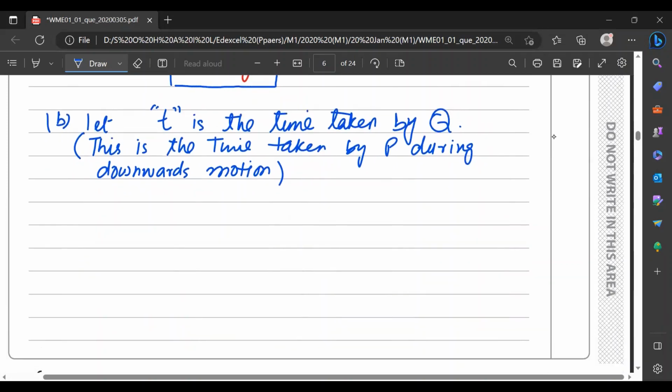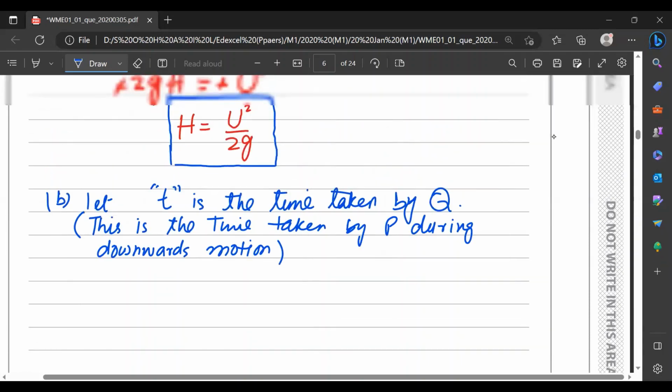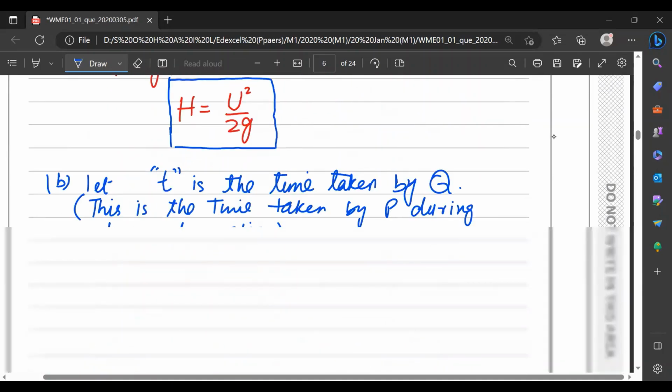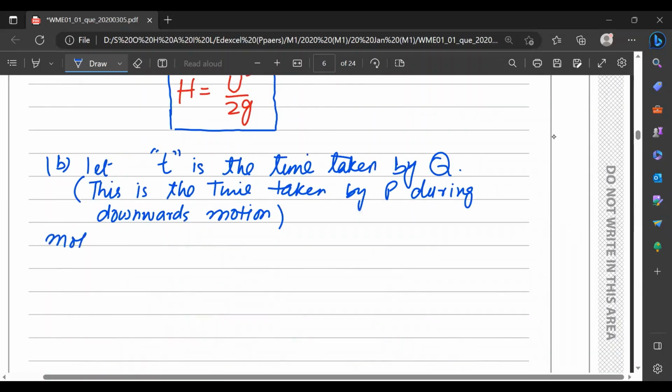So here I can start with when the particle P reaches the maximum height and is coming down. So the motion of P, and next I can discuss the motion of Q separately. So motion of P and motion of Q.